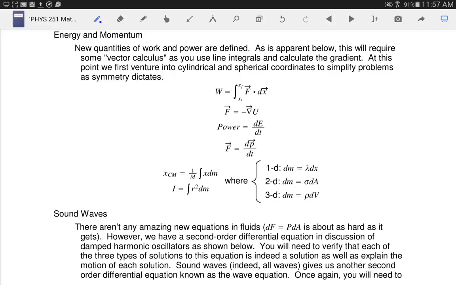We have the force is minus the gradient of U. U is the potential energy. Gradient. How many people here have ever seen gradient? One. The gradient is a directional derivative. And I know the gradient only in Cartesian coordinates.